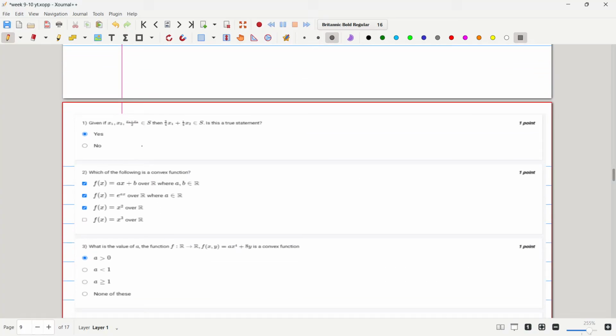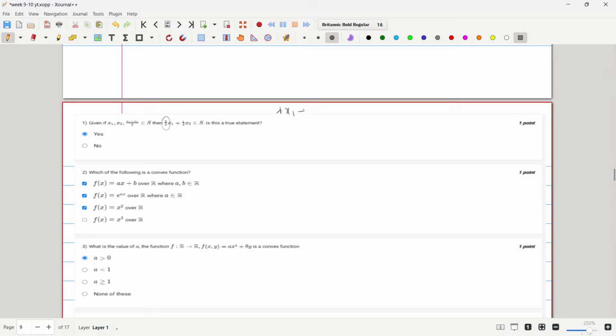Okay, see. It is saying that x1 and x2 and (x1 plus x2) divided by 2 belong to S. Then 3/4 x1 plus 1/4 x2 also belongs to S. How? If you put lambda equal to 3/4: what is the general form of a convex combination?